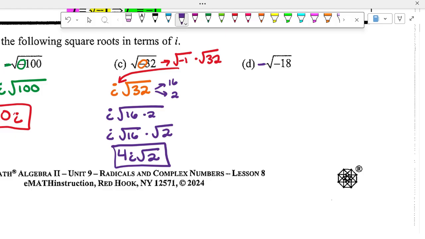So negative 8. Got the 2 part right. So where's that?